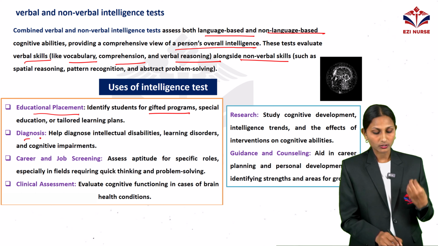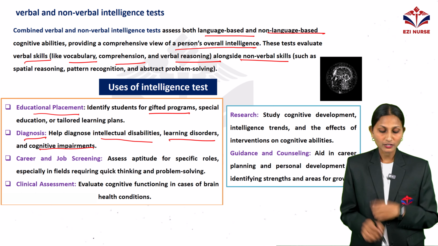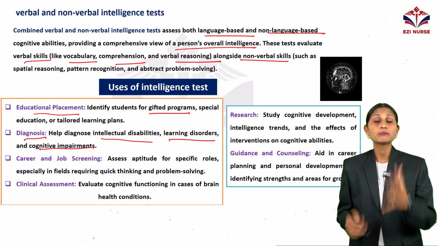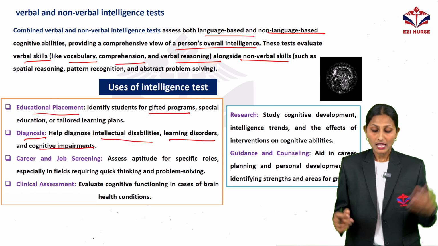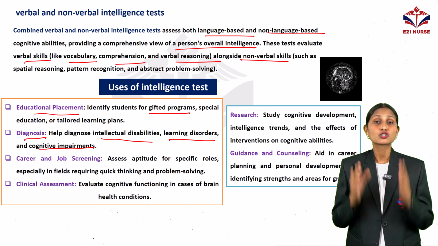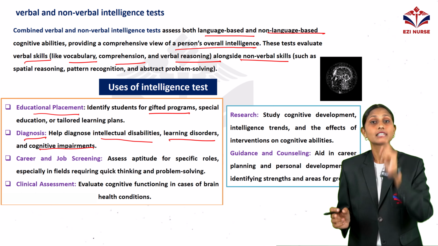Next one is diagnosis. It helps diagnose intellectual abilities, learning disorders and cognitive impairment. If a student has any learning disability or learning disorder, with the help of an intelligence test you can assess that and diagnose it.